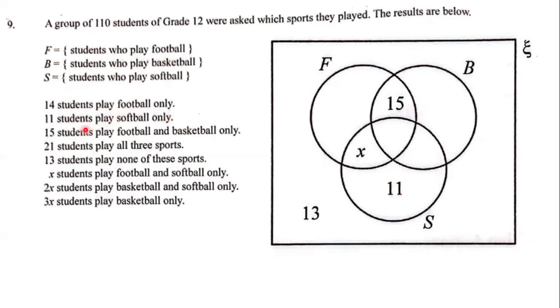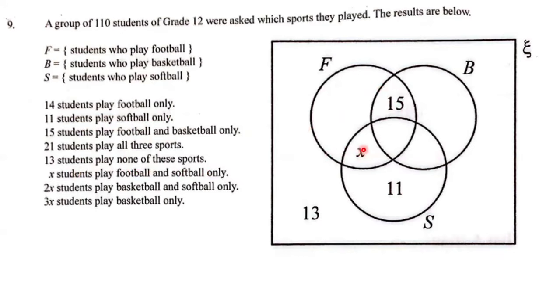Next, it says 15 students play football and basketball only. Football and basketball only is represented by this part of the diagram, so we put 15. It says X students play football and softball only, which is going to be right here.